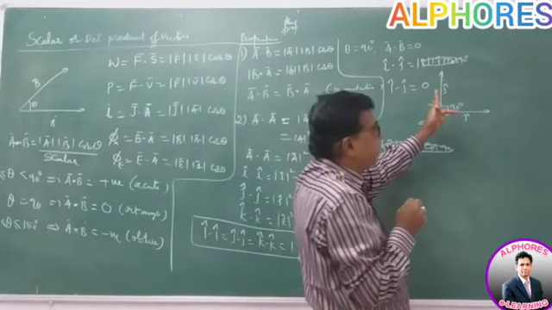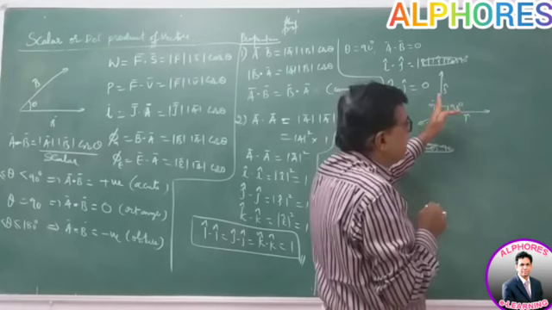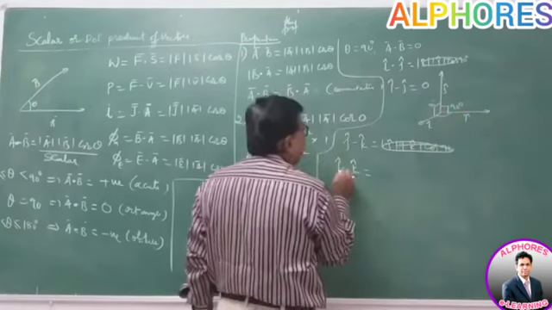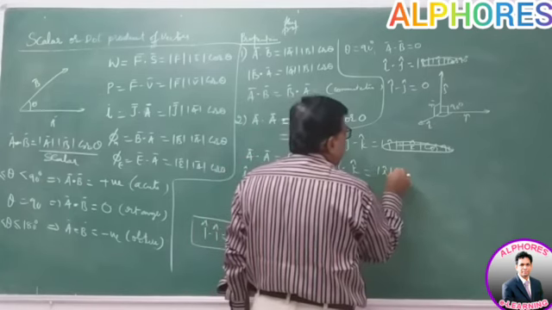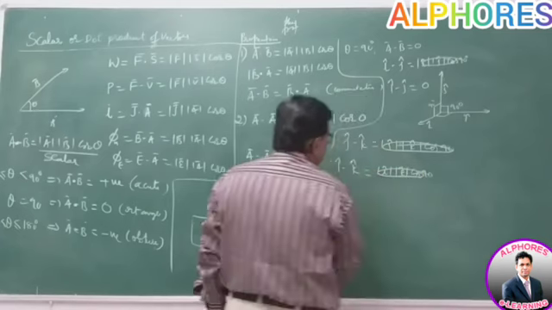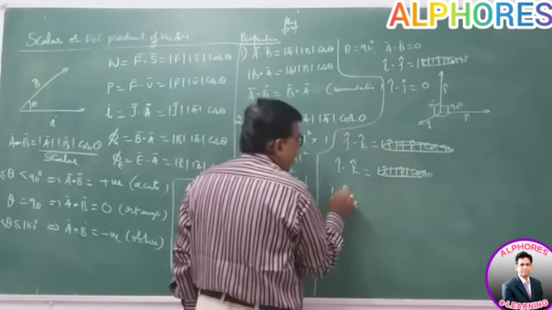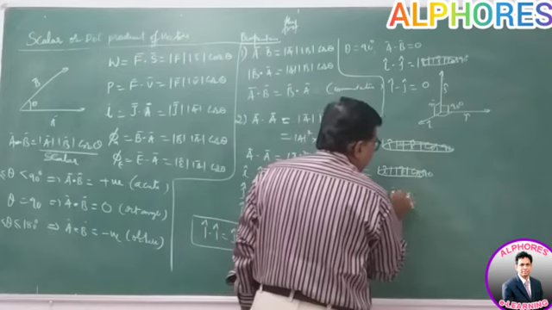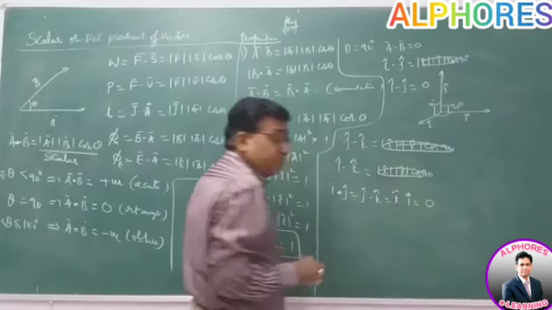They are mutually perpendicular axes: xy 90, yz 90, zx also 90. So I dot k is mod I mod k cos 90, which is 0. So I dot j, j dot k, or k dot I are equal to 0.